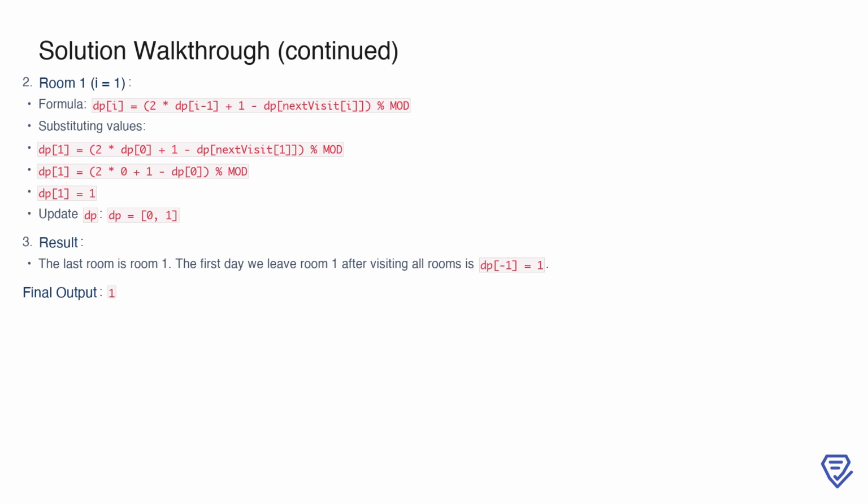Since both DP[0] and DP[next visit[1]] are 0, we simplify to DP[1] = 1. Updating the array, DP becomes [0, 1]. Finally, since room 1 is the last room, the first day we leave room 1 after visiting all rooms is DP[-1], which is 1. Thus, the output for this example is 1.